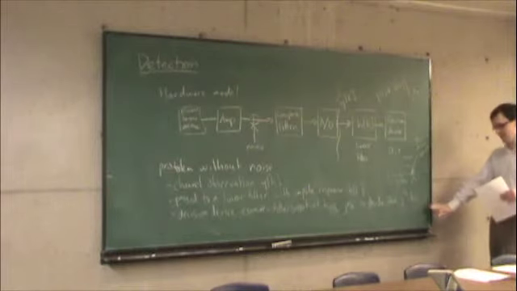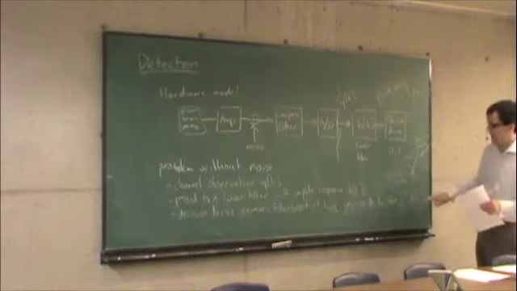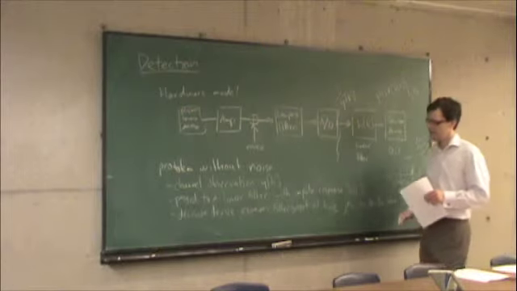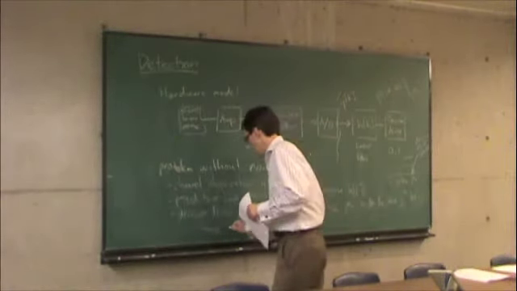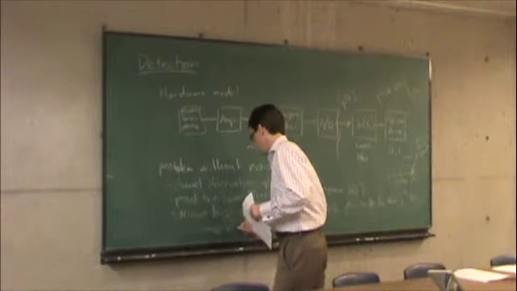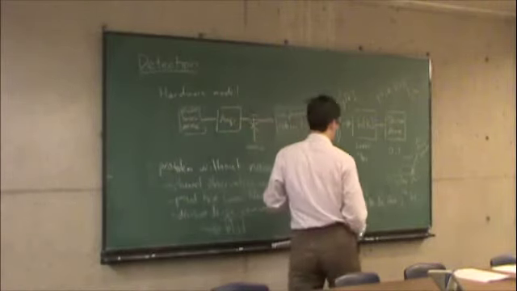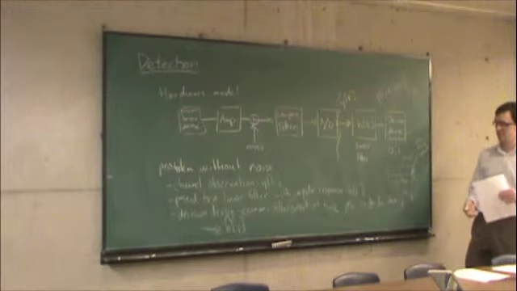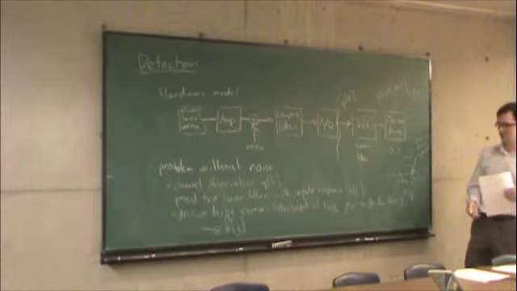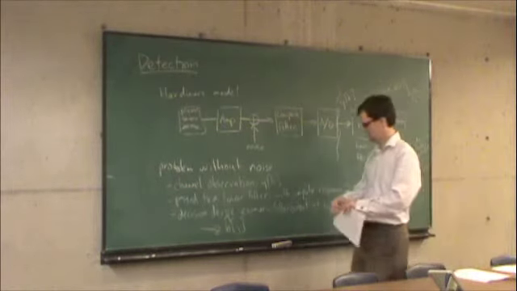Once that happens, at time j n_b, this decision is made, and what we get is b hat of j. I call it b hat because it's not necessarily equal to b_j. It could contain an error, but it's the detector's best estimate of what the bit was.